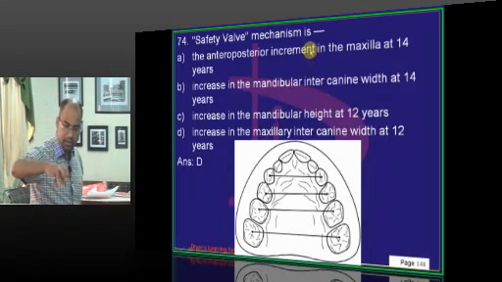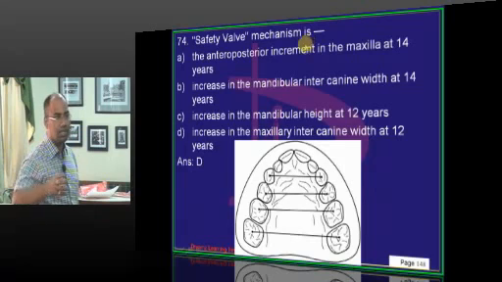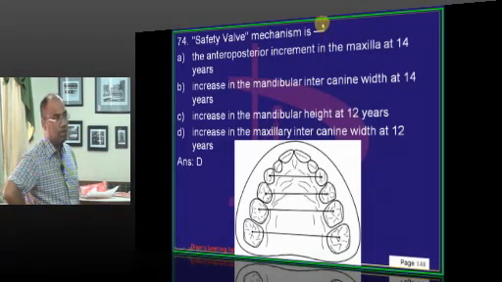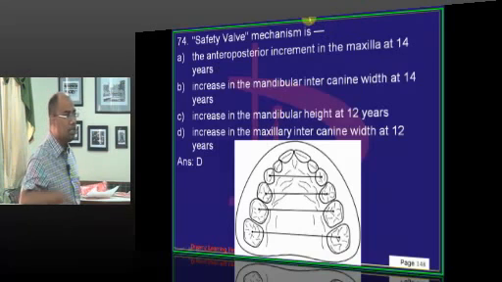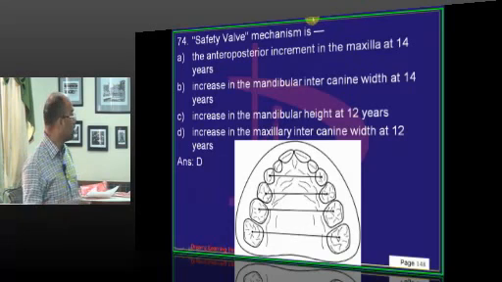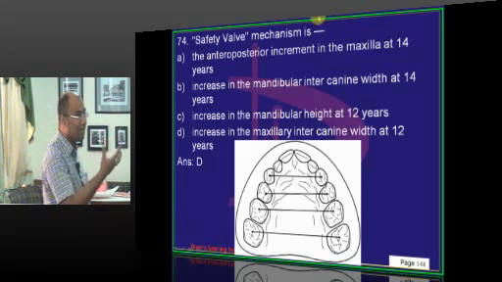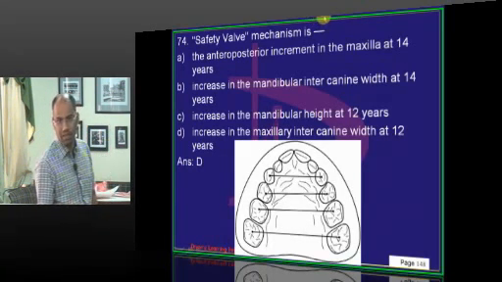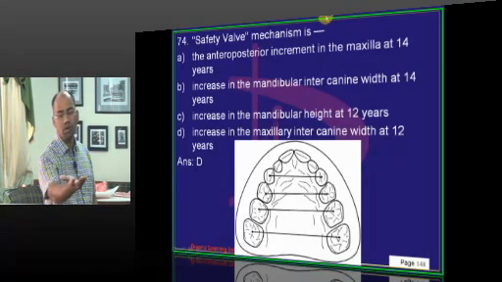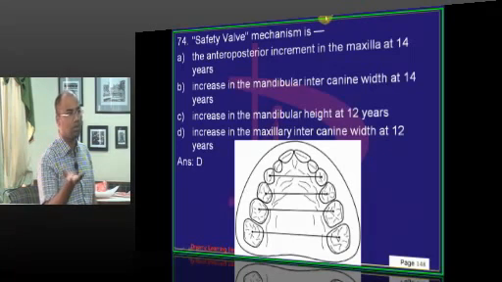But since the maxilla is constricted transversely, it will not allow the mandible to grow out. Now, if that does not happen, then you will end up in a skeletal class 2. So if your maxillary intercanine width is established adequately, then there will be sufficient forward or sagittal growth of the mandible.